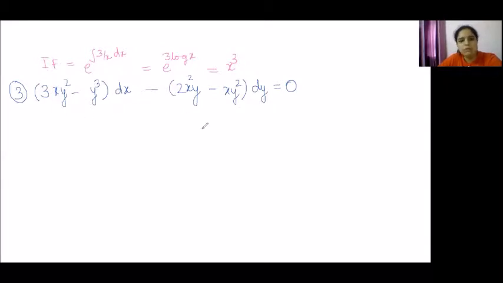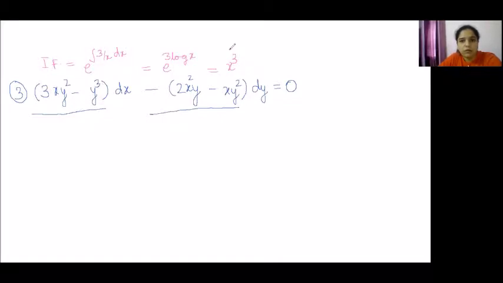In some problems, we may apply more than one rule for finding the integrating factor. Here, this is m and this is n. This minus sign will be in n because the general form is m dx plus n dy. The degree of m is 3, and the degree of this n is also 3. So this is a homogeneous equation, so the first rule is applicable here.